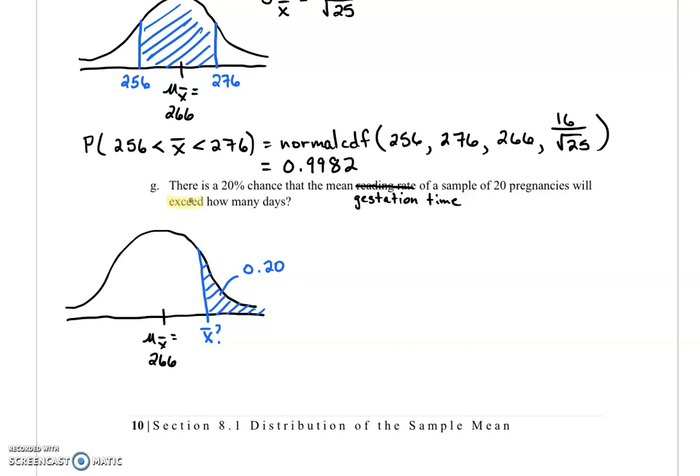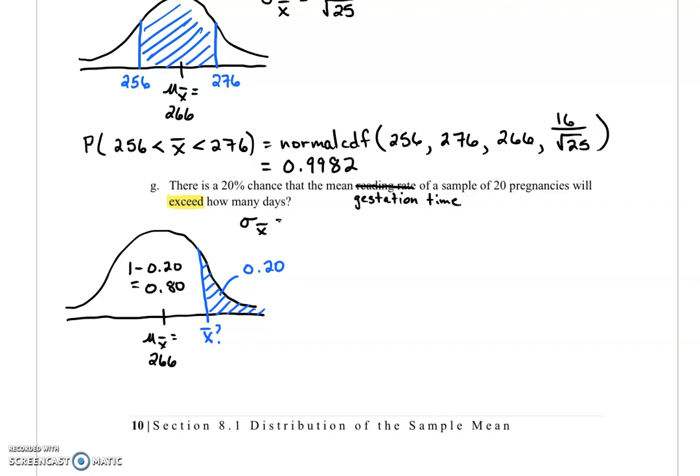Because it says exceed, and exceed means greater than. So if the area to the right is 0.20, what is the area to the left? Remember, we always need to give the calculator area to the left. So that's 1 minus 0.20 or 0.80.